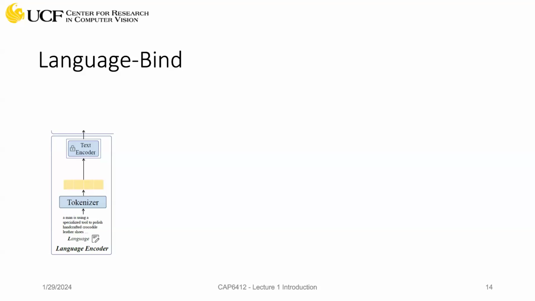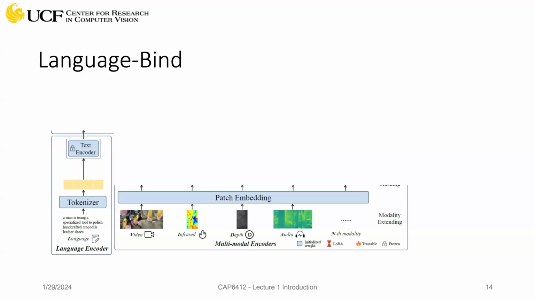The idea is very similar to what we have been talking about: we have the language, we tokenize, and we have a text encoder. And then we have these multimodal encoders. We have encoders for video, infrared, depth, audio, and all those things. With patches, we can encode those.